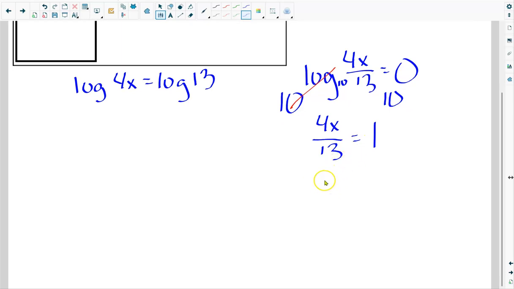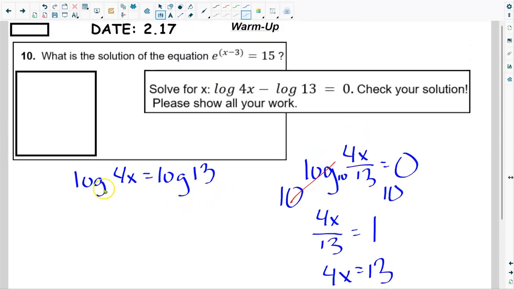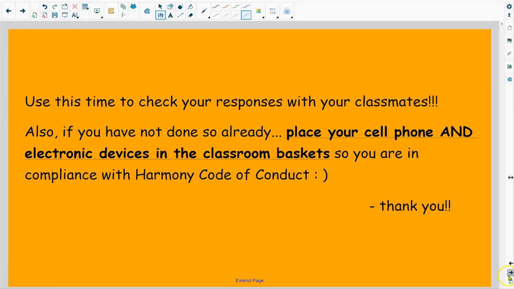We're going to multiply by 13 on both sides. We're going to divide by 4. Okay, so we end up with the solution for this problem. All right. So let's go ahead and move forward here.